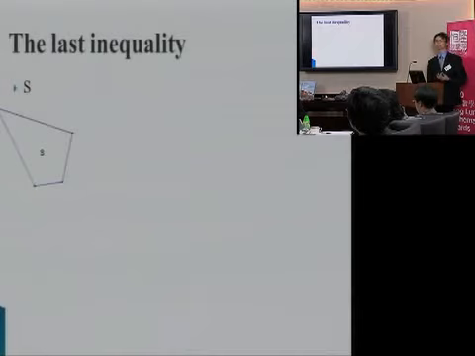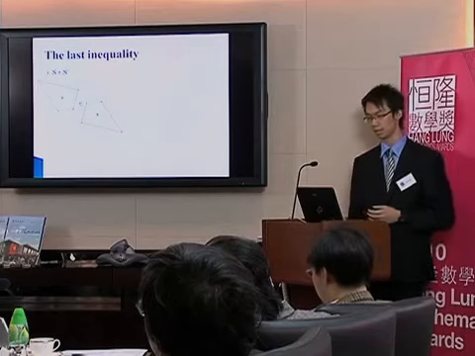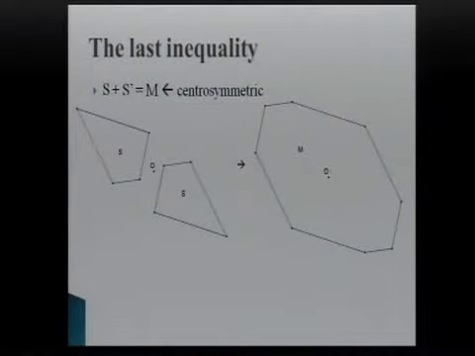So now let's just prove this last inequality. Given the convex set S, we first rotate it by 180 degrees with respect to an arbitrary point O on the plane. And then we add them up using the Minkowski sum. We can get M, which is central symmetric and also convex as proved in my report.